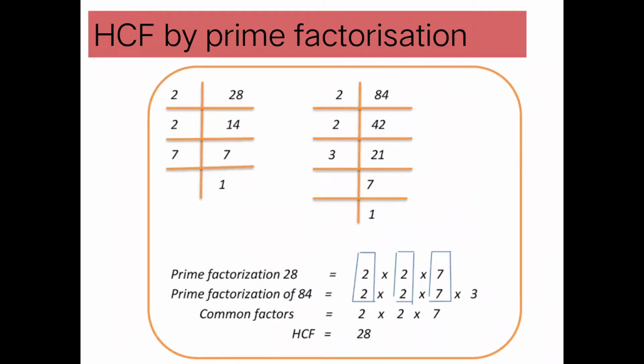In both the numbers we received 7, so I am giving a box there. Here the HCF is 2 into 2 into 7. If you multiply, you will get the HCF as 28.